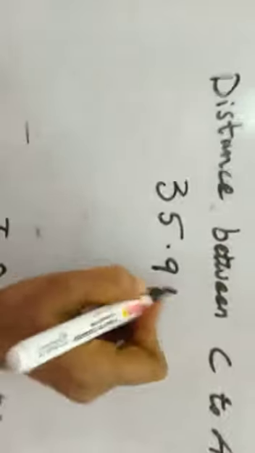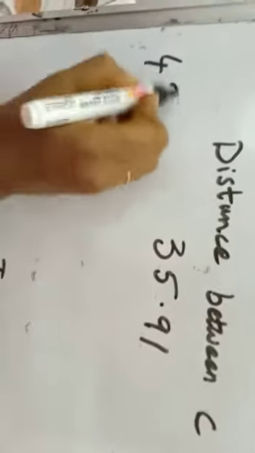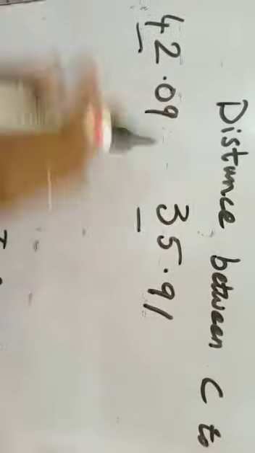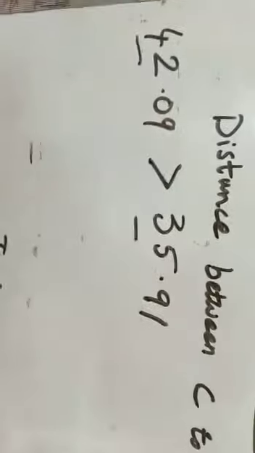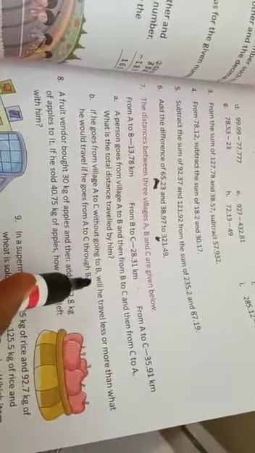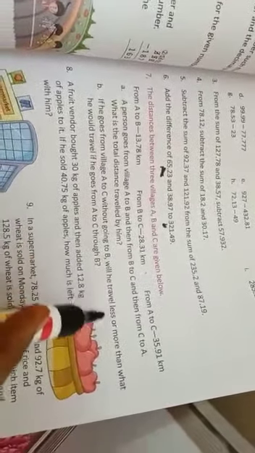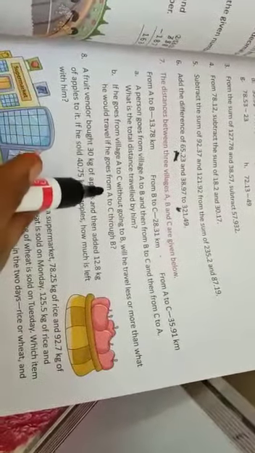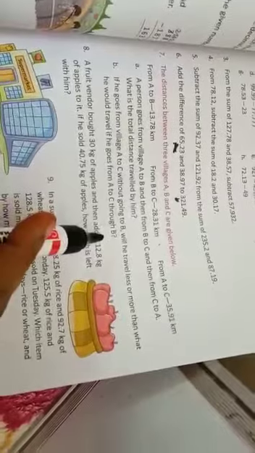So now, 35.91. This is 42.09. Which is big? Compare the whole number part. This is big. So, our question is that if he goes from village A to C without going to B, will he travel more or less distance than what he would travel if he goes from A to C through B?